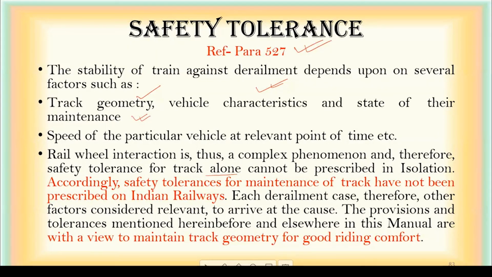All criteria are for deciding that track is not able to provide the desired comfort level. That's all. So no safety tolerance has been given, and whenever you are involved in any safety inquiry, any derailment inquiry, please indicate this para, and those tolerances need not be compared with in your inquiry reports.